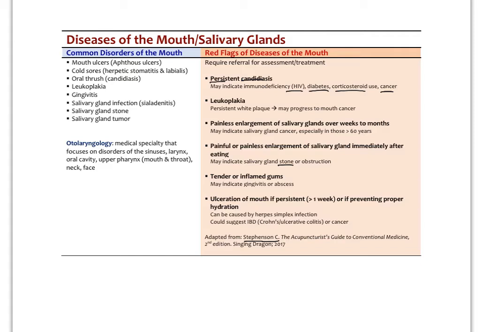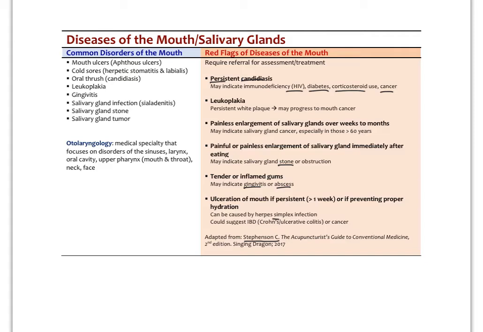Tender or inflamed gums would indicate gingivitis, potential abscess, and patients would need better dental care usually for that. And then any mouth ulcerations that are persistent over a week or that prevent proper hydration. And that can be caused by very prolonged herpes infection. Could also suggest inflammatory bowel disease.